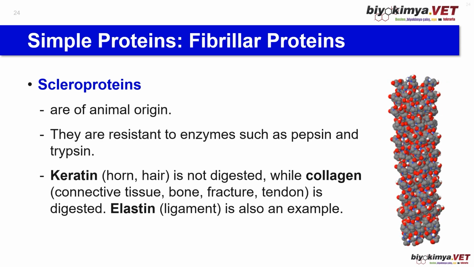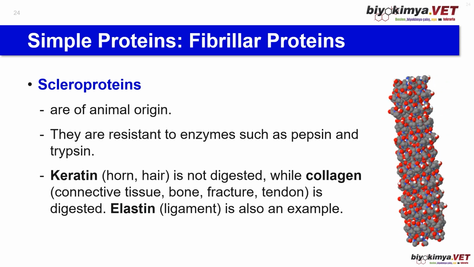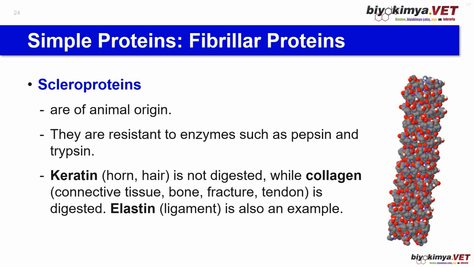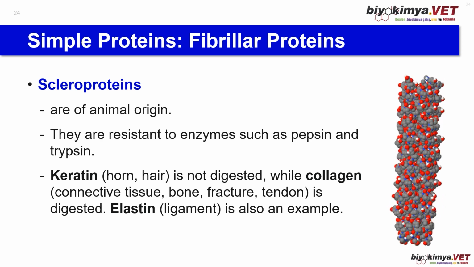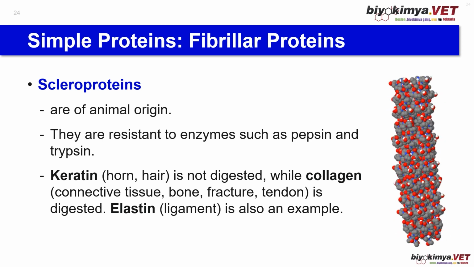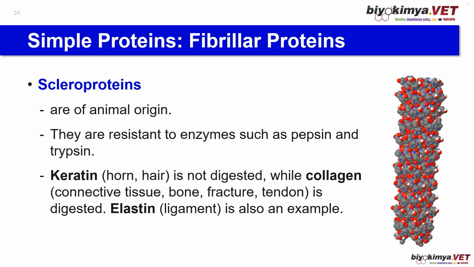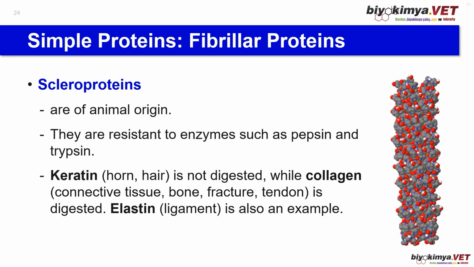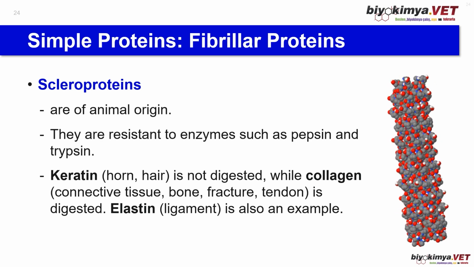And collagen is the most abundant protein in the animal kingdom and an important component of connective tissue. It's an extracellular, inextensible fibrous protein that comprises the major protein component of such stress-bearing structures as bones, tendons, and ligaments.